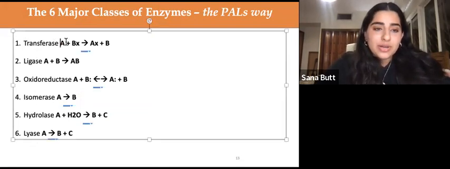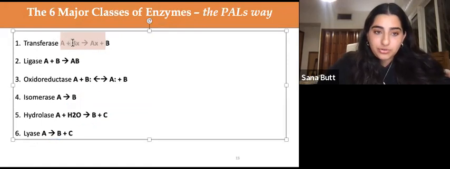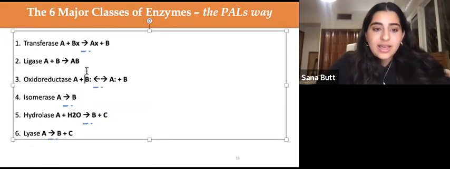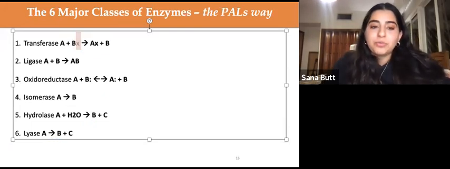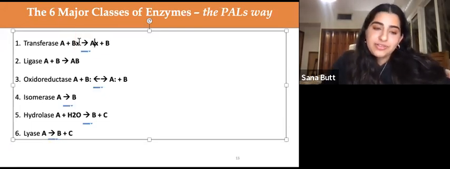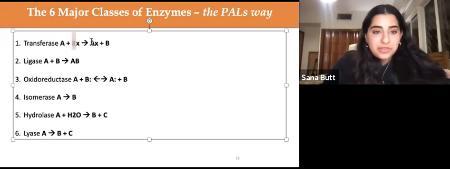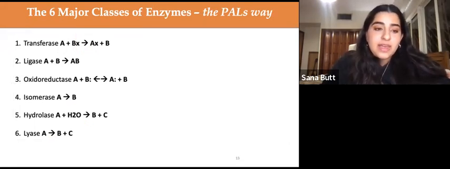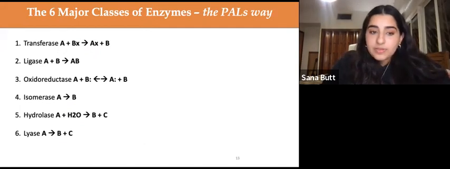For transferase, there's a functional group, which is X, okay? Not BX, just the X. So you transfer a functional group from one substance to another. As you can see here, it's first with B, now it's with A. And these functional groups can be things like methyl, acyl, amino, and phosphate groups.